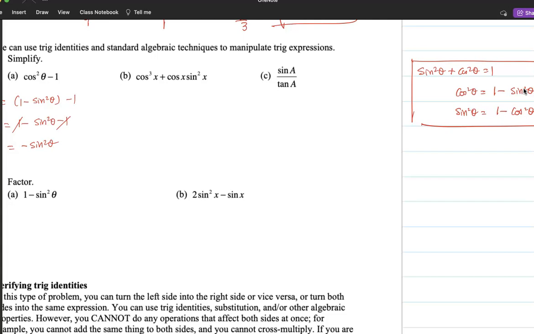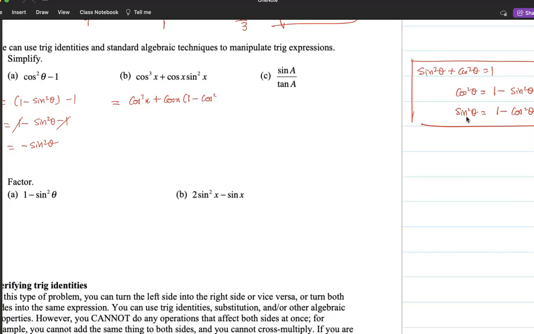Now remember that whenever there are squares, you can substitute using this identity. Cos cube you can't do anything with, because there's no identity with cube. So in cos cube x plus cos x sine square x, only the sine square x can be written as 1 minus cos square x.